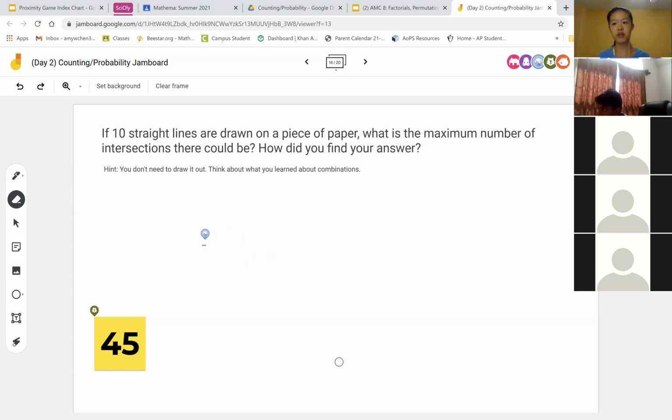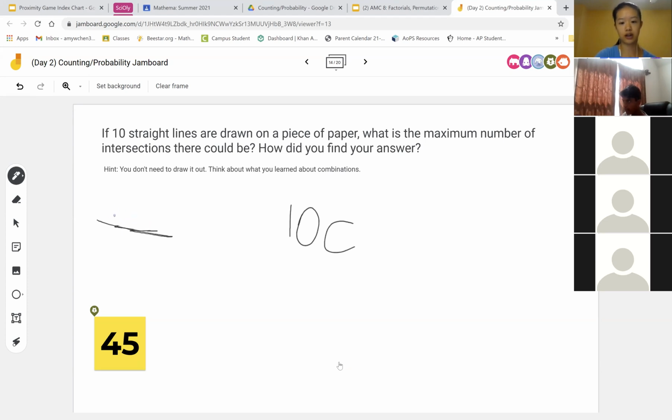If we assume that every line is intersecting every other line, then we should be able to choose two lines and they should be intersecting. It shouldn't matter which two lines we choose, as long as they're two different lines, they should be intersecting. So we can represent the total number of intersections as 10 lines, choose two lines, which is the total number of ways you can have 10 items and choose two items.